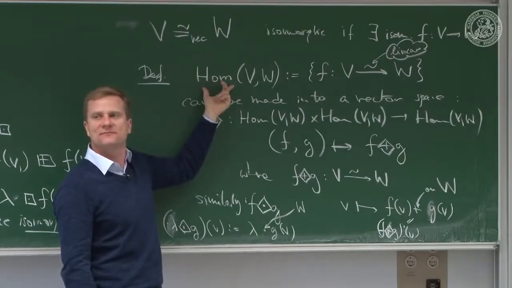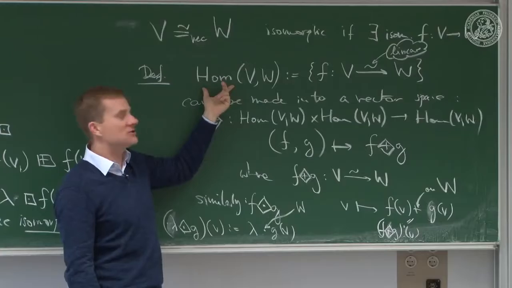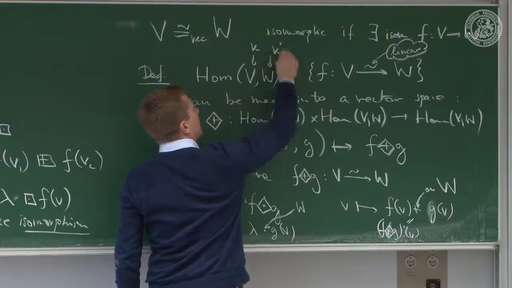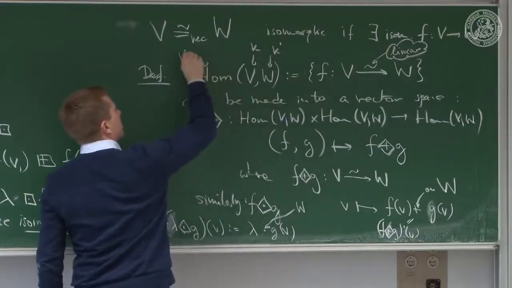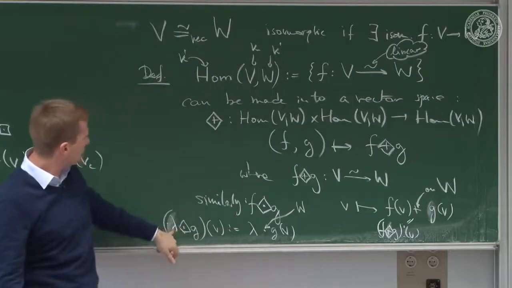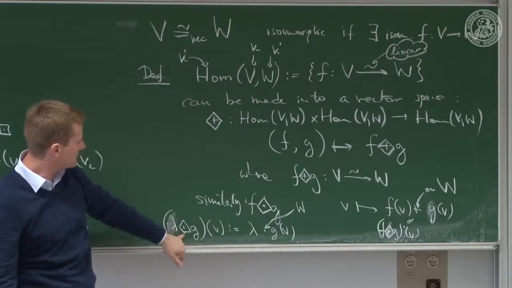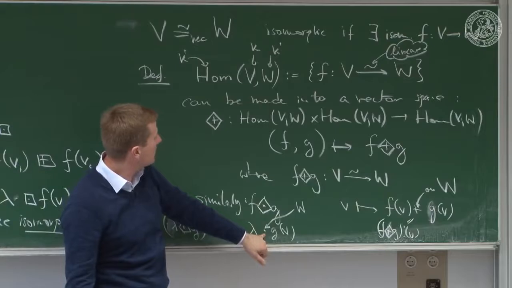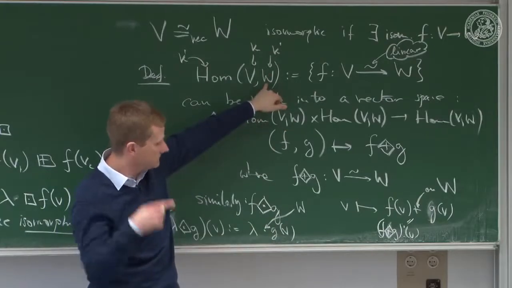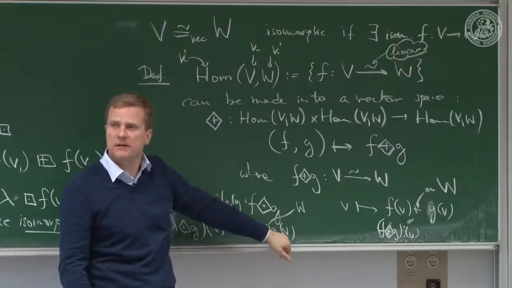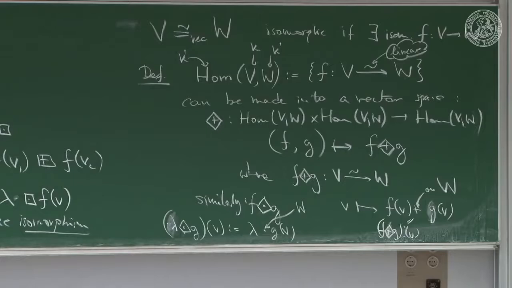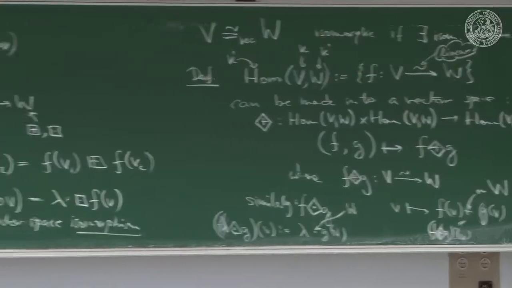But where do you take the lambda from? I just said. So if this is over K and this is over K prime, then the vector space I make out of this is also over K prime. Because you see the K prime you use here for the diamond S multiplication is the multiplication you take from the target space, because you already mapped. So you could generalize to this point. Yes, good question, thank you.